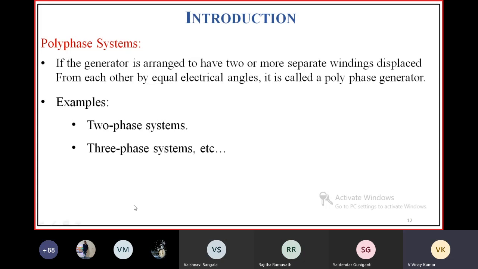Two-phase means we have two phases, two phases are two armature windings, and those two armature windings produce two voltages.